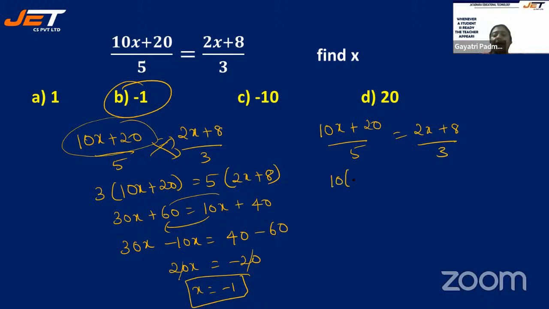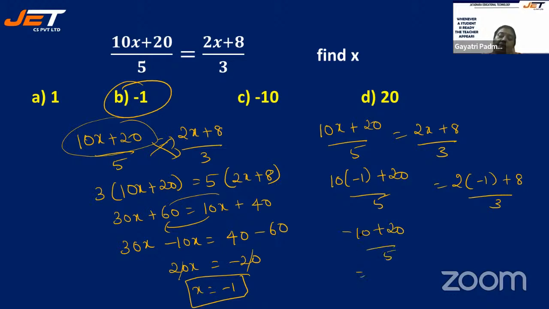So 10 into x is minus 1 plus 20 by 5 equal to 2 into x is minus 1 plus 8 by 3. So minus 10 plus 20 by 5, which becomes 20 minus 10 is 10. 10 by 5 is 2. Then it becomes minus 2 plus 8 by 3. 8 minus 2 is 6 by 3. 6 by 3 is 2.